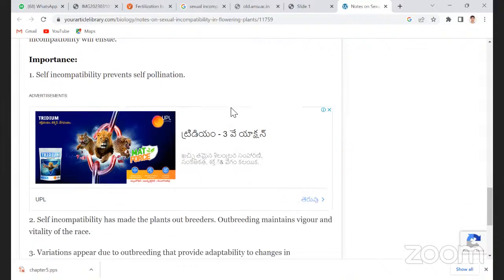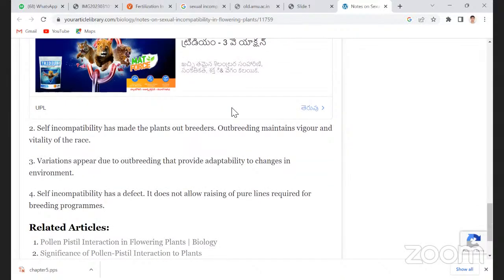Self-incompatibility prevents self-pollination. The second one is that self-incompatibility has made the plants outbreeders. Outbreeding maintains the vigor and vitality of the race. The variation that appears due to outbreeding provides adaptability to changes in the environment.